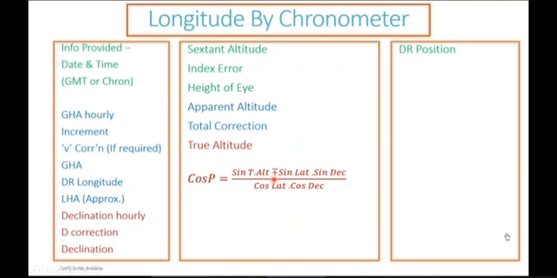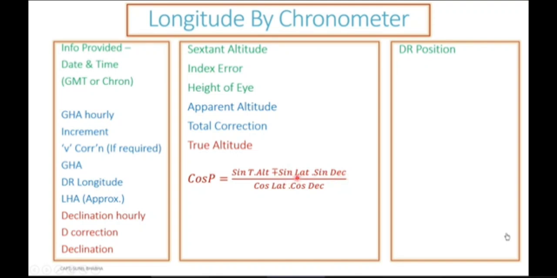In these kinds of equations, the upper symbol is always used when the following terms, that is latitude and declination, are of the same names. And the lower symbol is used when latitude and declination are of the opposite names.